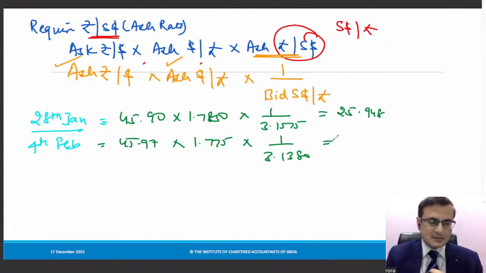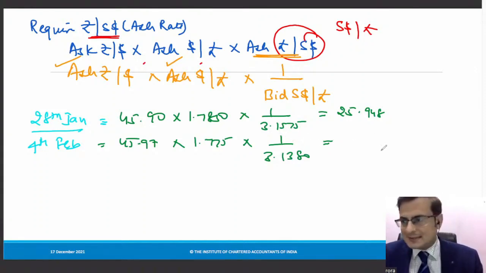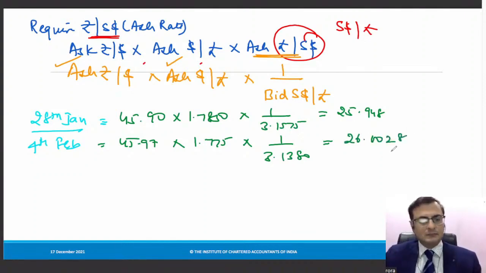And this one becomes 45.97 into 1.775 divided by 3.138. So this comes to exactly 26.0028. Clear? Now these are the two rates which happened on 28th January and 4th February.